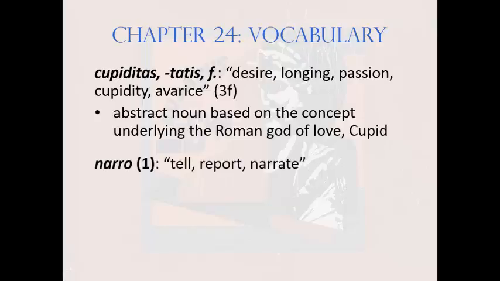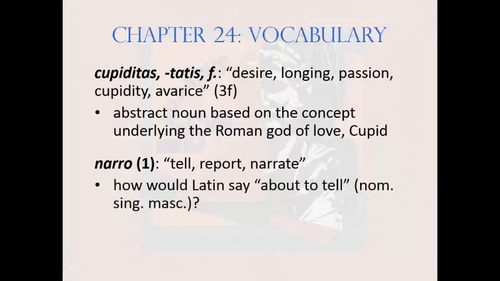The next word is another verb, narro, first conjugation, meaning tell, report, or narrate. How do you say about to tell in Latin? And since that's a participle, an adjective, we need to specify the number, gender, and case. Let's say masculine nominative singular. What type of participle is translated as about to?